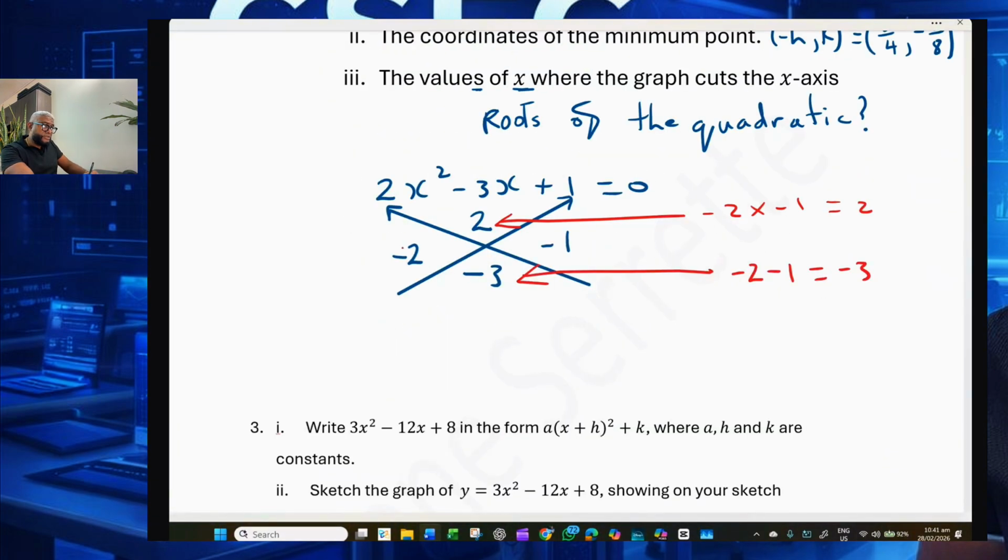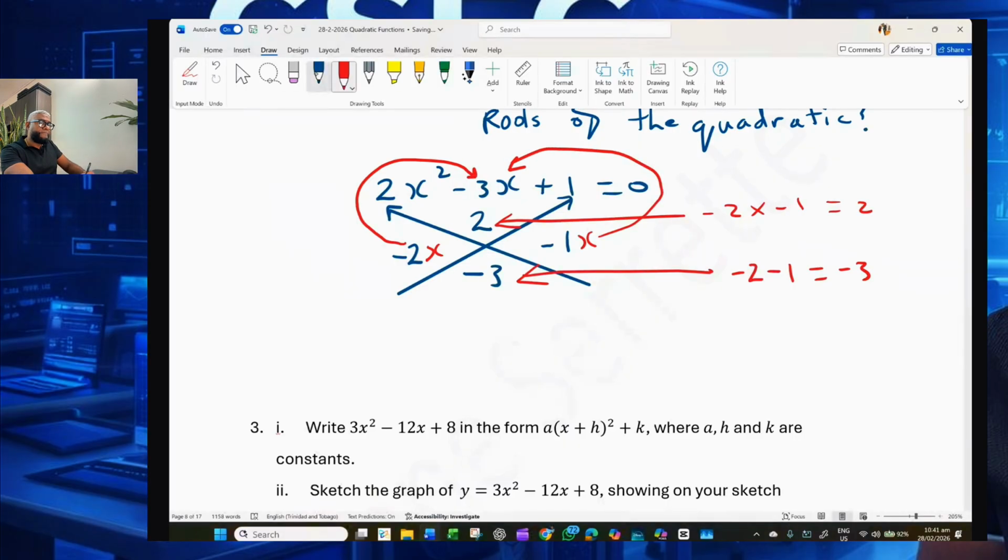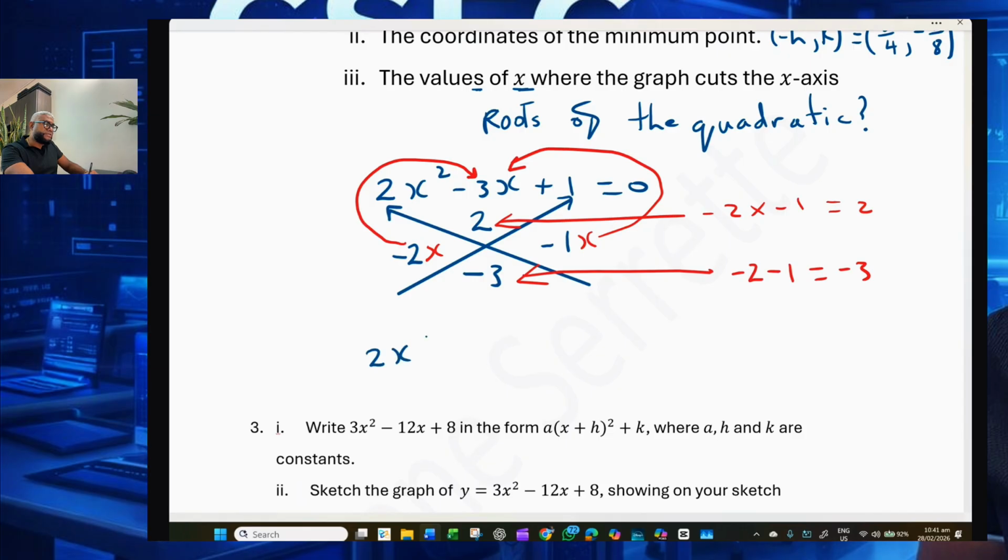Put the x here, so these two terms replace the minus 3x. Watch how this looks: 2x squared minus 2x minus 1x, which is just x, plus 1 is equal to 0.